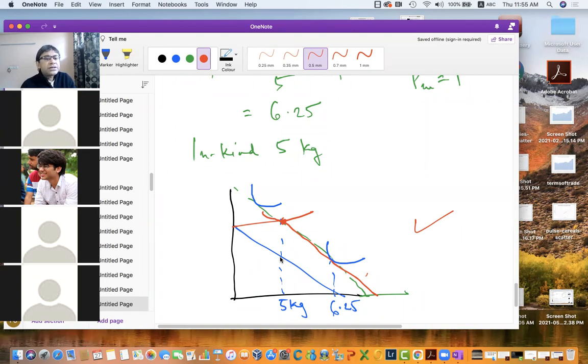But sometimes the question itself asks you something like, after the merger of the two plants, what is the cost function of this multi-plant monopolist? The question itself is asking you to look at the cost function and find the consolidated cost function. So there you have to answer it that way.